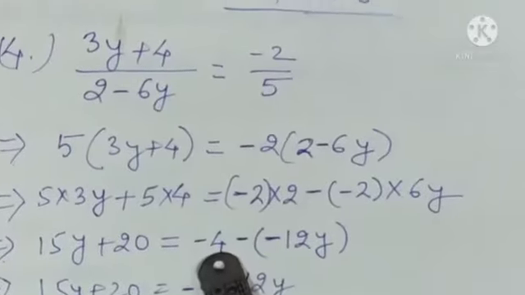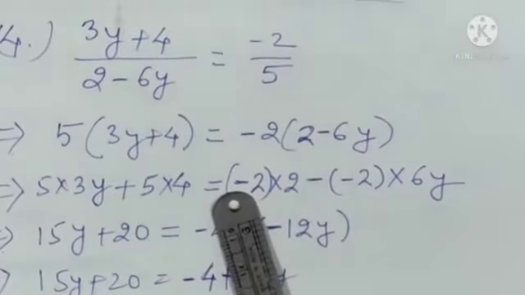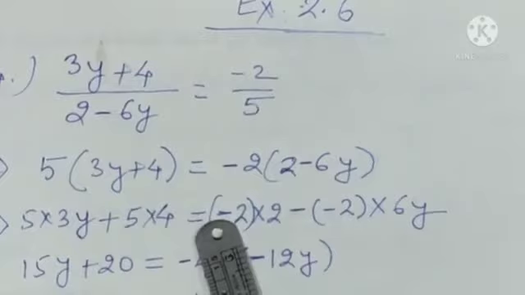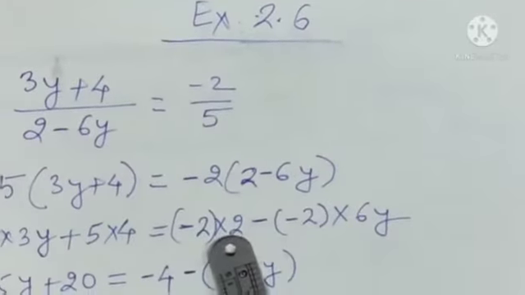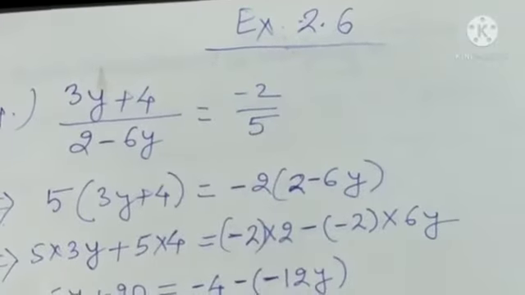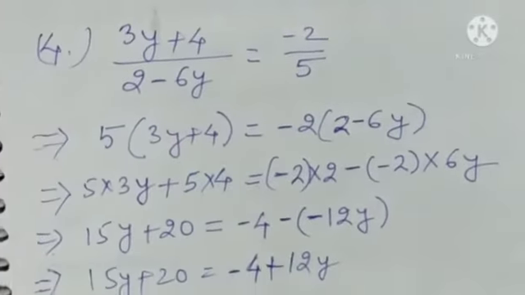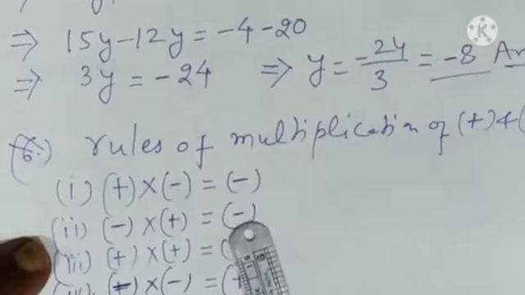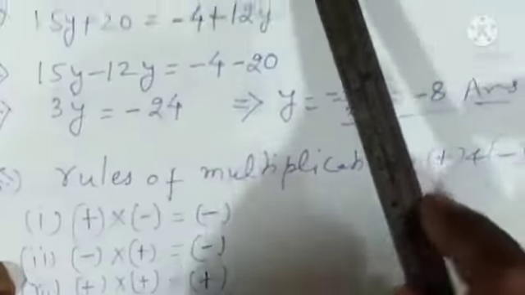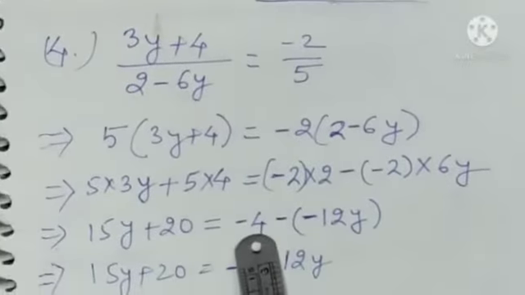In that numerical term, you see one is negative and the other is positive. That is our rule number 2: negative into positive, so the result becomes negative. So here we put −4.